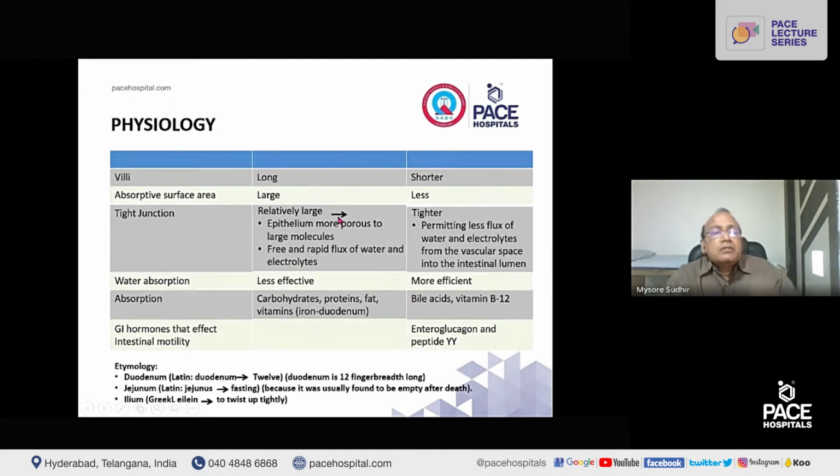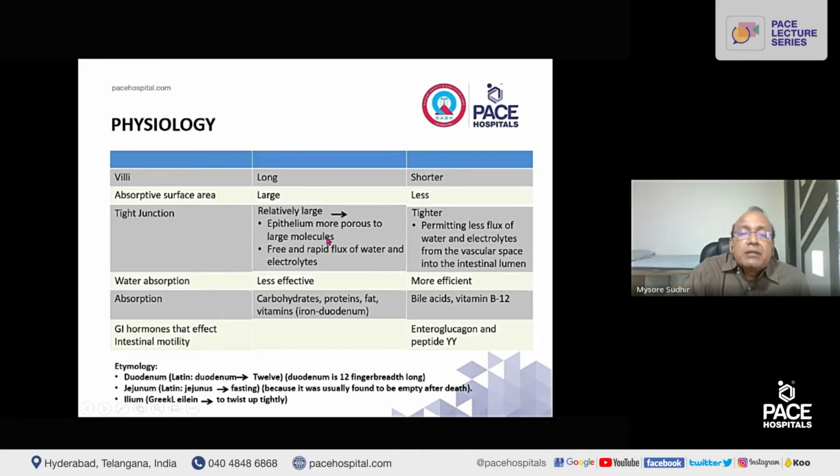Now, the physiology of normal absorption and digestion, the jejunum and the ileum. This is the jejunum, this is the ileum. Here the villi in the jejunum are very long, whereas in the ileum they are quite short. The absorptive surface is large in the jejunum and less in the ileum. The tight junctions, the normal junctions between the intercellular surfaces, are quite large in the jejunum, whereas they are tighter in the ileum.